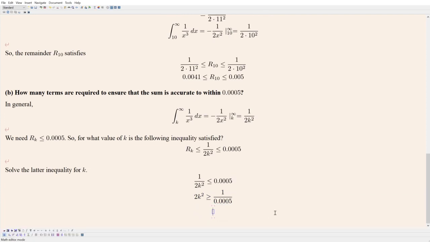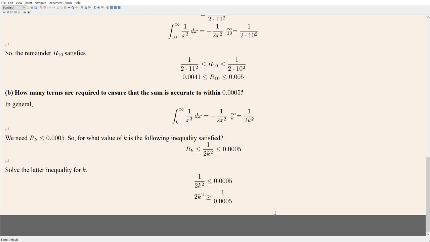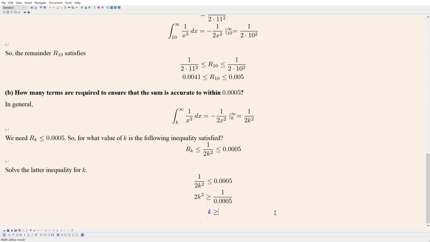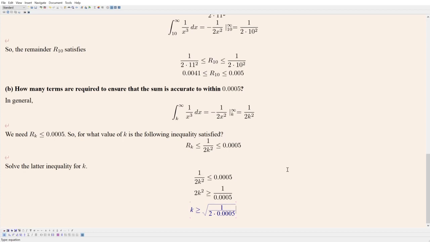Divide both sides by 2. That's positive, so that's not going to change the inequality. And then take square roots. Square root is an increasing function, so that's not going to change the inequality either. Okay, divide by 2, then take the square root.